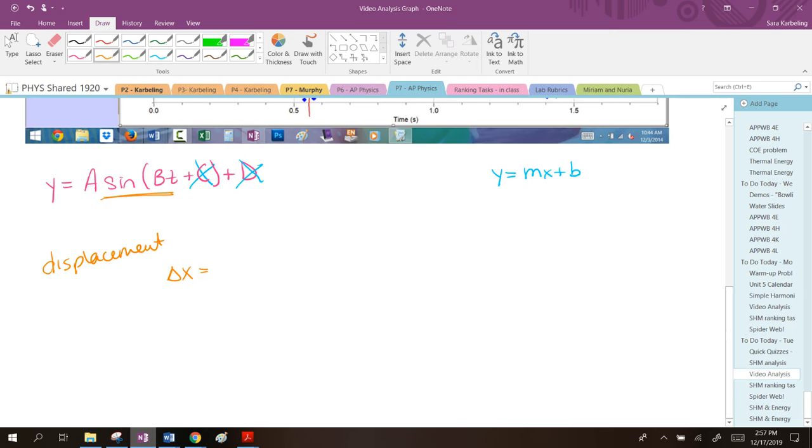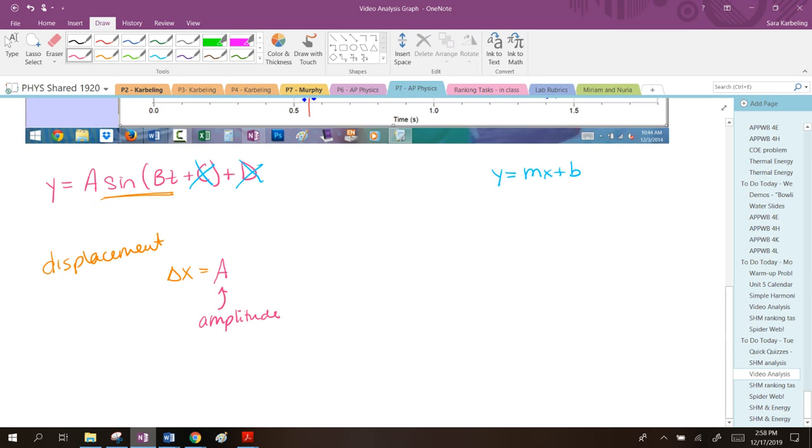If the sine BT is 1, that's the biggest that this value can be. Are you with me there? What is the biggest displacement that an object can have if it's in simple harmonic motion? A, it's the amplitude. That's exactly what that stands for. That A really is A. That is the amplitude of the function, of the oscillation.